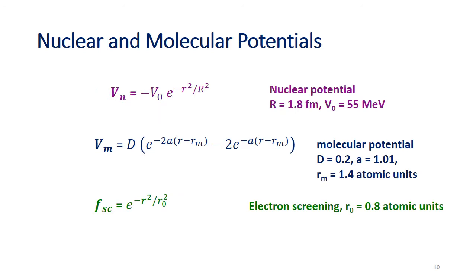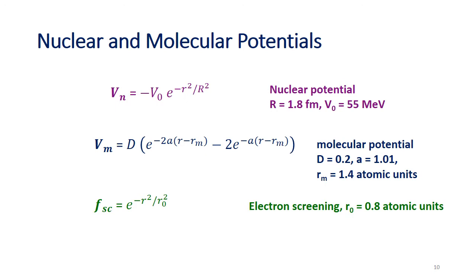The potentials. This is the nuclear potential for low A nuclei. A convenient form is like this, where this distance scale we take to be of the order of 1.8 Fermis, and the potential depth we took to be about 55 million electron volts.